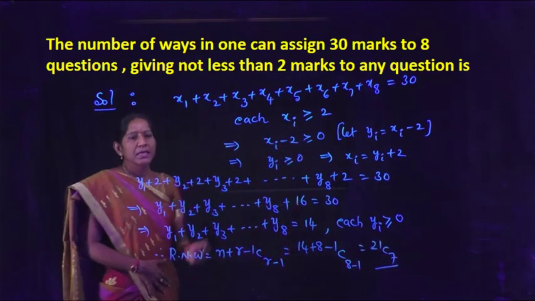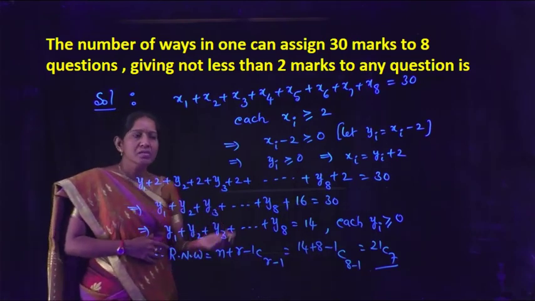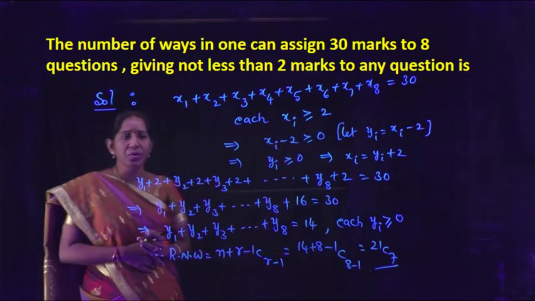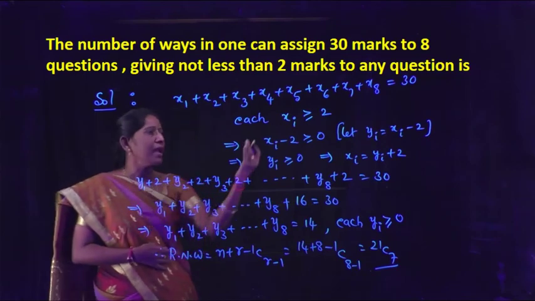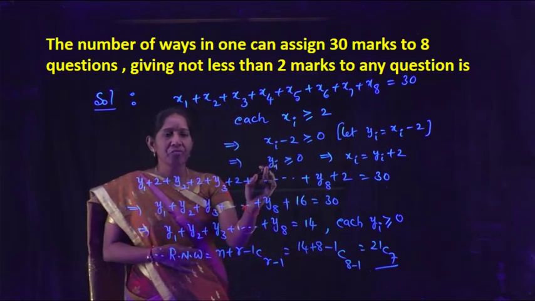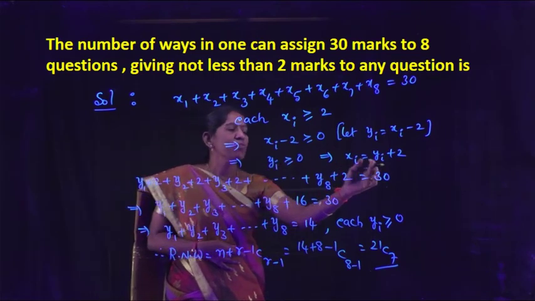So each xi greater than or equal to 2, there is no direct formula we have. So convert like this: xi minus 2 greater than or equal to 0, take it as some other letter yi. So yi equal to xi minus 2. Then this becomes yi greater than or equal to 0. Therefore, xi is yi plus 2.